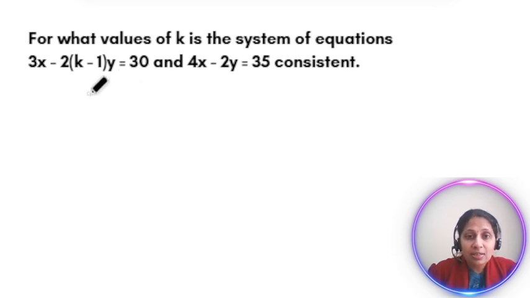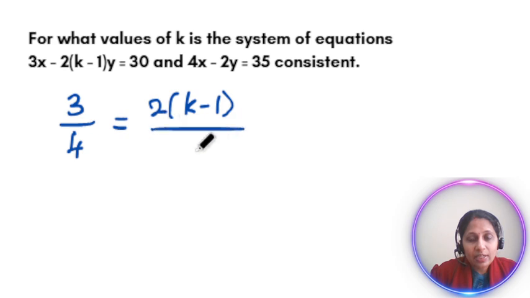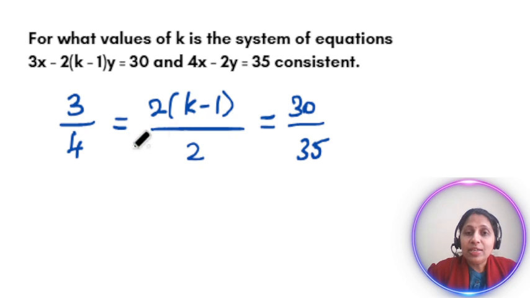As you can see here, let us put it in the ratio form. 3 by 4 equals 2 times (k minus 1) divided by 2, and that is equal to 30 by 35. If all these are the same, then it is consistent with infinitely many solutions.